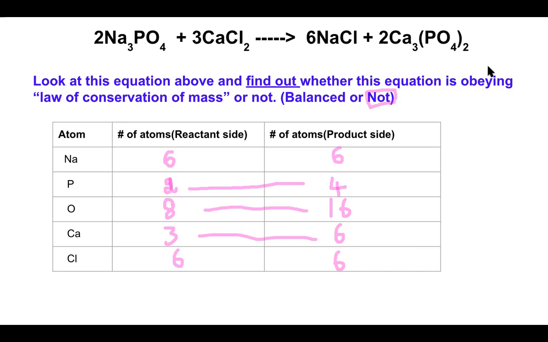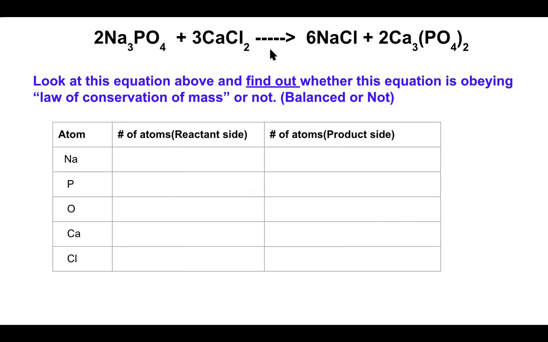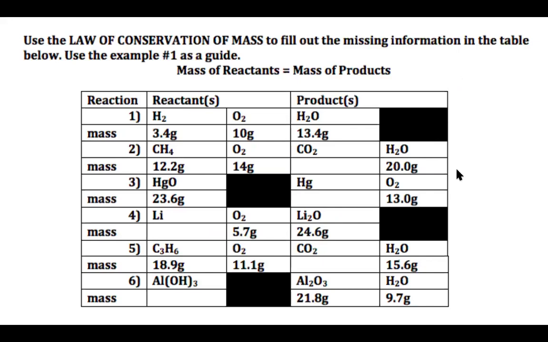Now we'll see some different kind of examples. Okay, so you use the law of conservation of mass to fill out the missing information in the table below. Use example 1 as a guide.